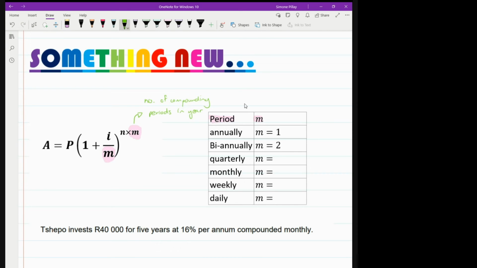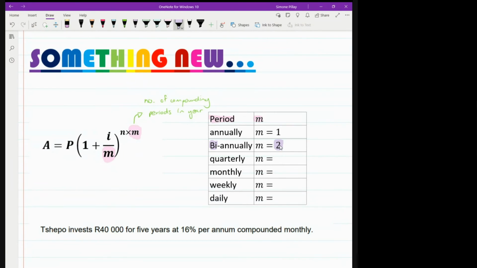If I tell you my compounding period is biannually, think about what we know about this word bi: bicycle, two wheels, bi means two. So it means that twice in the year my interest is added. So 6 months go by, I've calculated my interest, and at that point I add it. And then for the next 6 months, interest is calculated on top of this interest that we've now added.